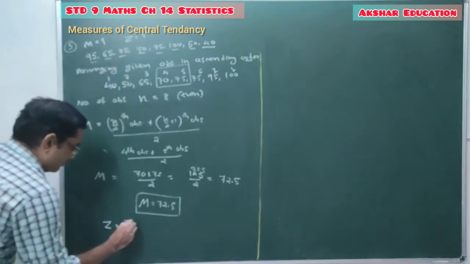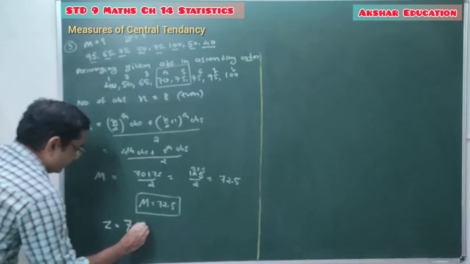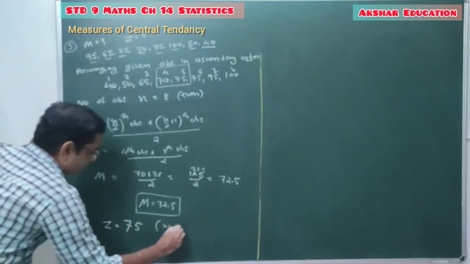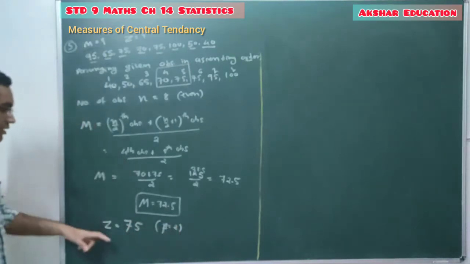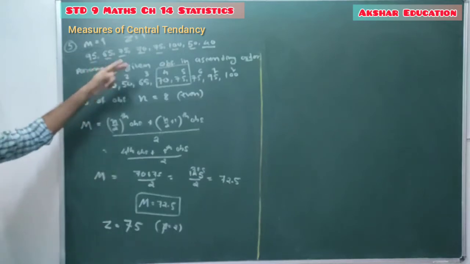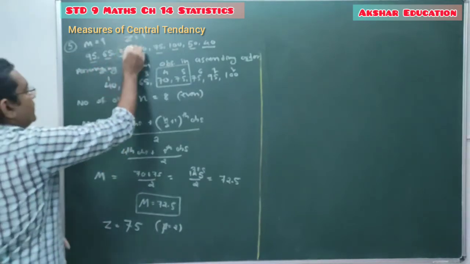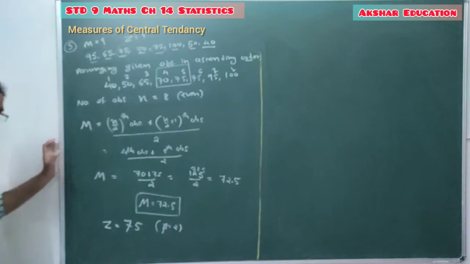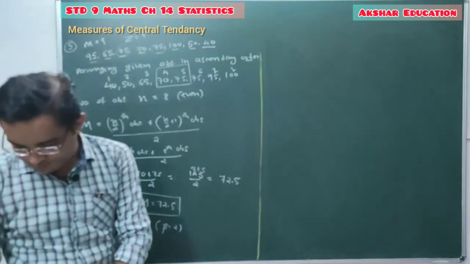So the mode of the given data is 75 because it has the maximum frequency, 2. It occurs the most times, 75 occurs 2 times. So that is the mode of the given data. This is how you can find the median and mode of any given data.